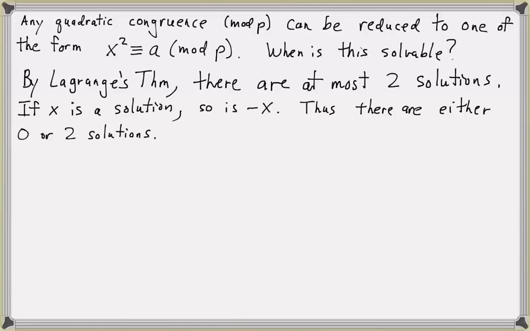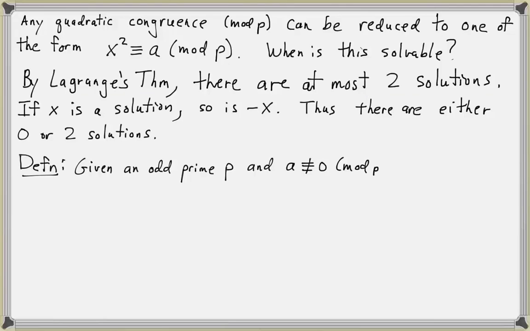And so we're going to make a definition. Given an odd prime p, and we're going to assume that a is not congruent to 0 mod p, if x squared congruent to a mod p is solvable, we'll call a a quadratic residue mod p.